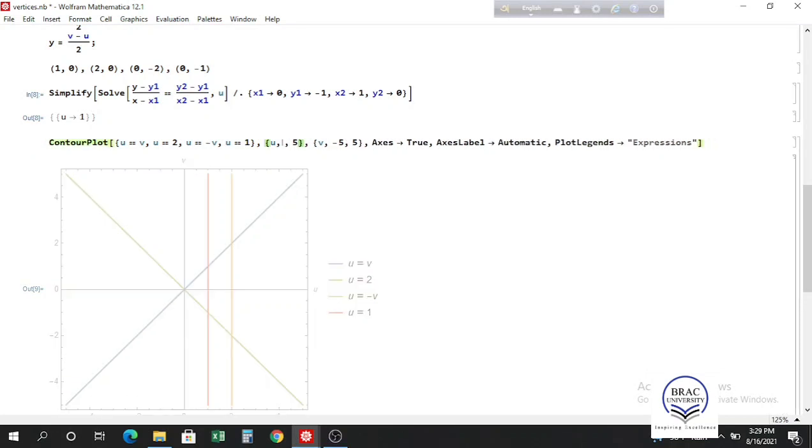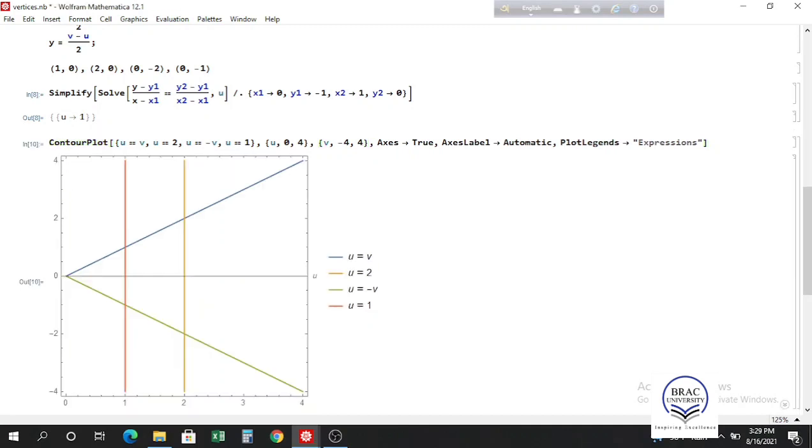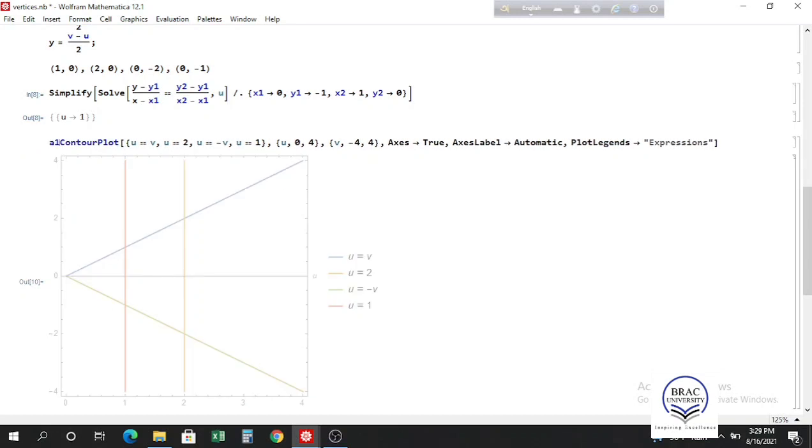So let's take u from 0 to 4 and v from minus 4 to 4. So you can see the bounded region better now. Now let's just shade the region.